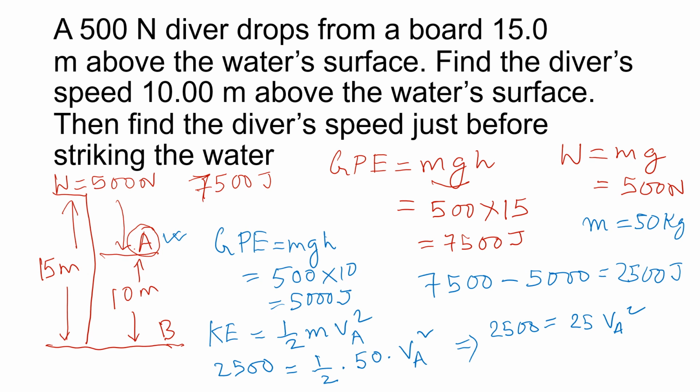Divide both sides by 25 and you get 100 on the left hand side, which is VA square. So VA will be 10 meters per second. All right. So our answer for the first question is going to be 10 meters per second. Now let's solve the second question in the next slide.